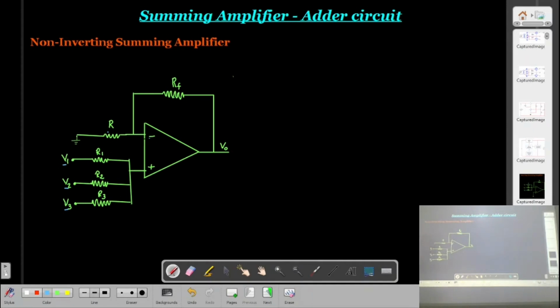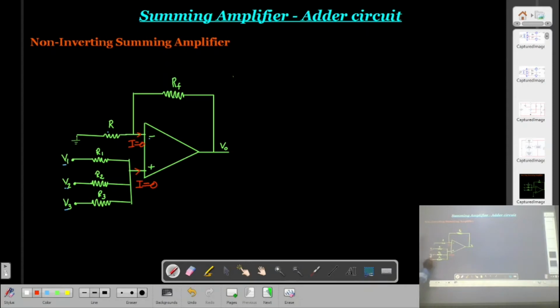So basically it is a non-inverting amplifier circuit. Now again if we apply the concept of a virtual ground, then due to the infinite input resistance, the current in the non-inverting terminal will be 0. In the same way the current in the inverting terminal is also 0.